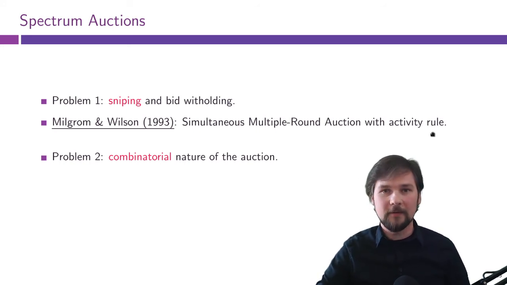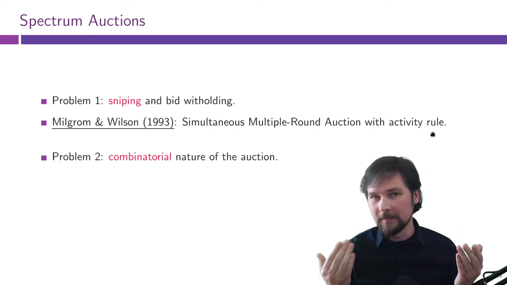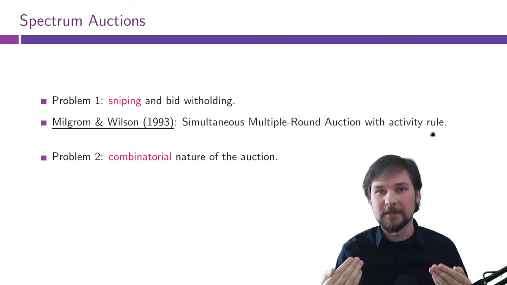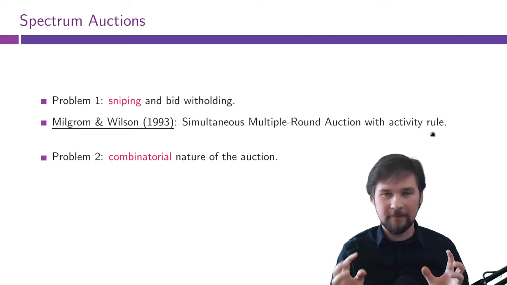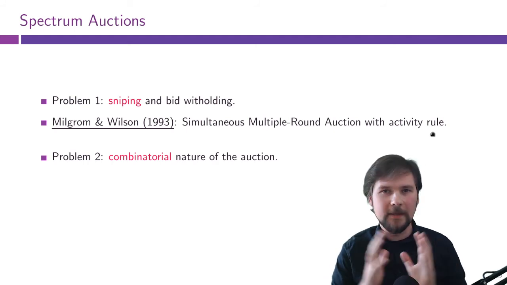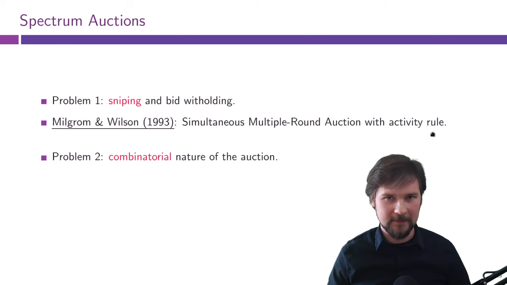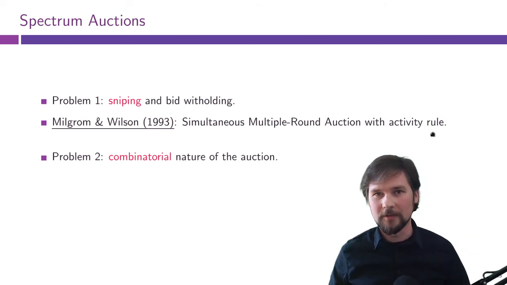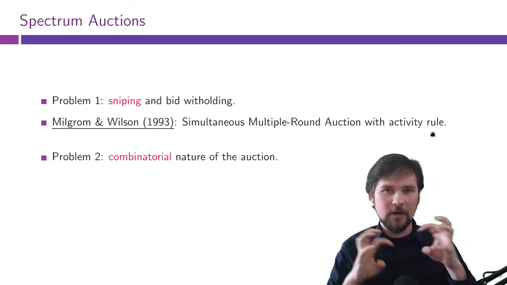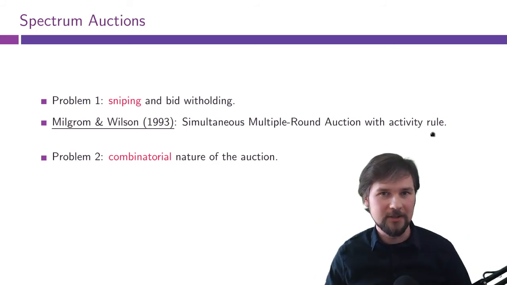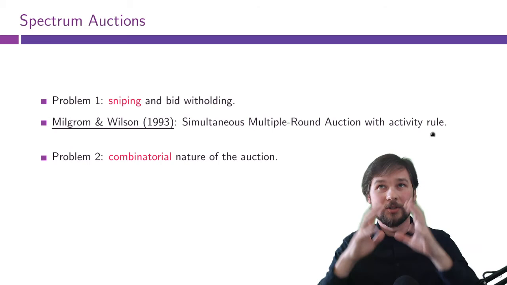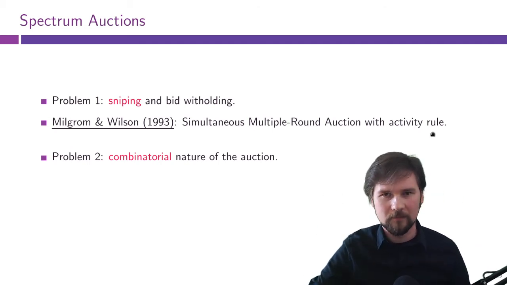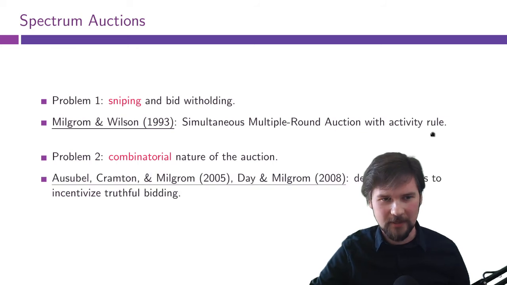And so the simple solution for that was to allow participants to bid for bundles of frequencies, but then the problem just explodes in complexity because there are many individual items sold initially, and now you combine them in all possible combinations into bundles, and this just explodes the number of items for sale exponentially, or even worse than exponentially.